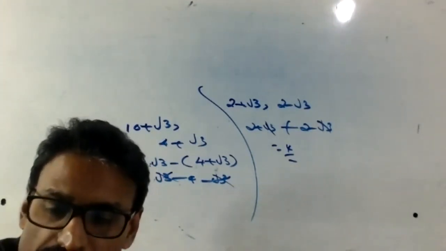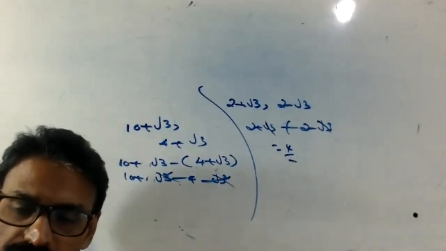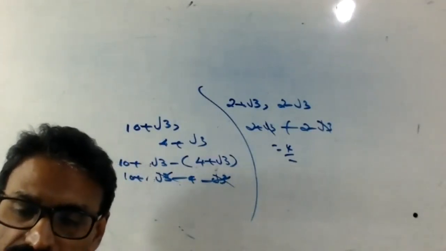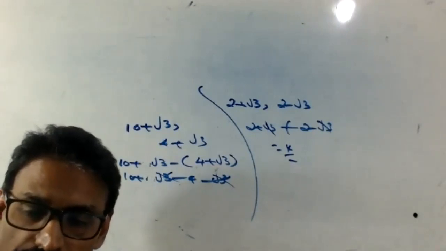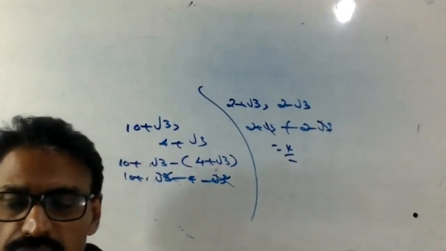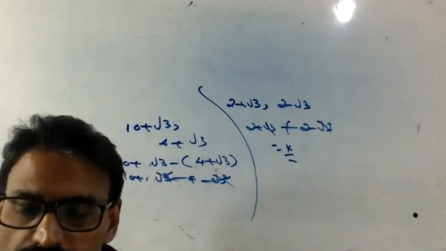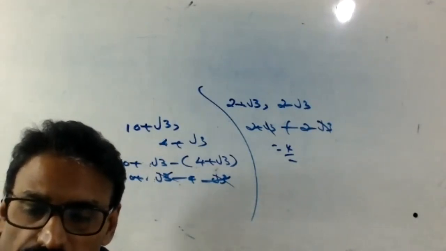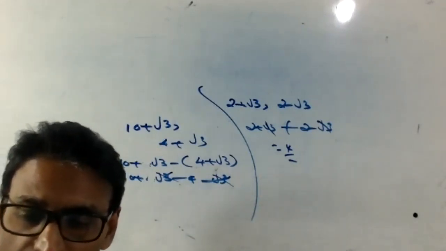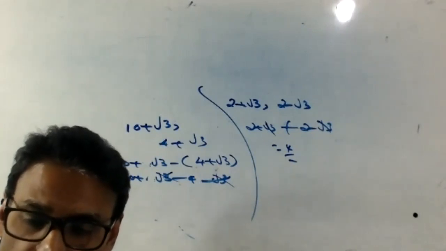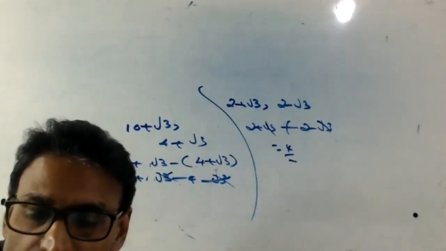Correct or no? Tamil guys, you may have noticed that. Maybe tomorrow they'll make a movie like root 3 comma root 3, and like that they make a song. Right?